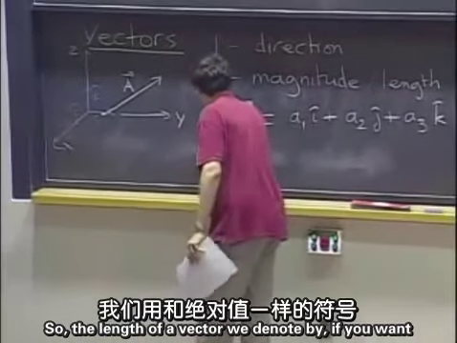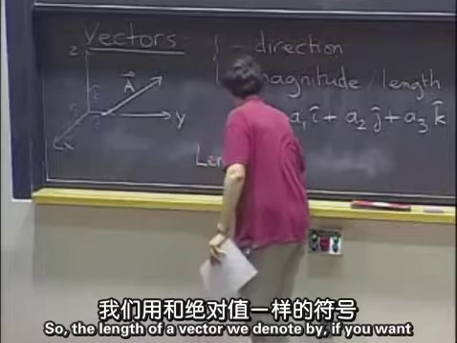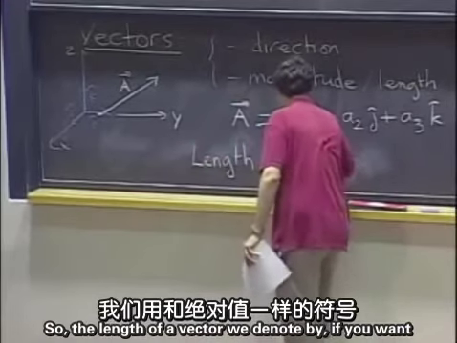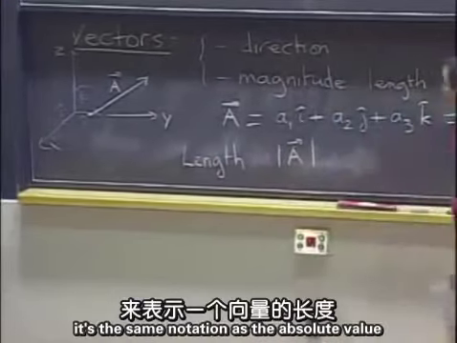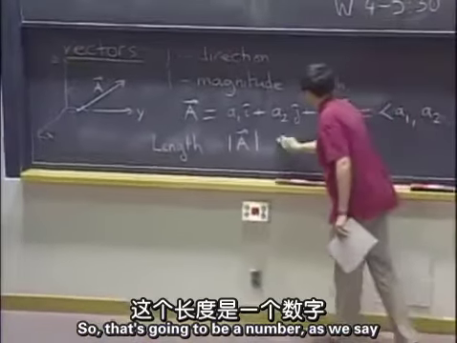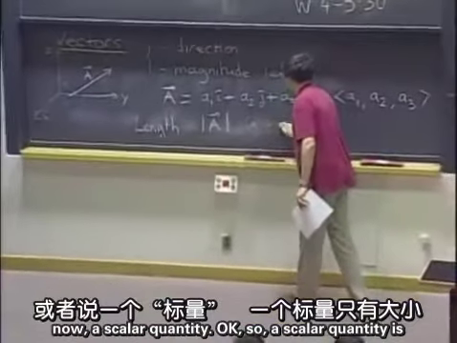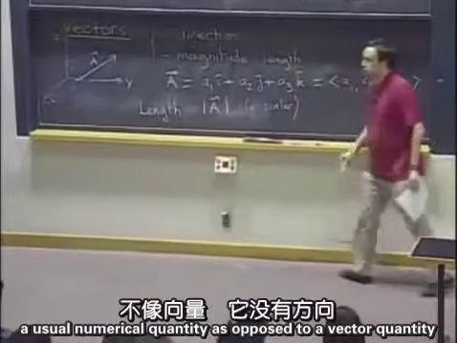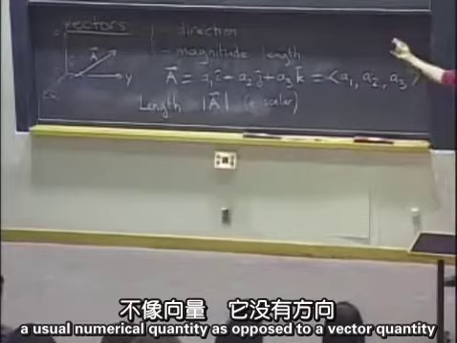The length of a vector we denote by the same notation as the absolute value. That's going to be a number, or as we say now, a scalar quantity. A scalar quantity is a usual numerical quantity as opposed to a vector quantity.